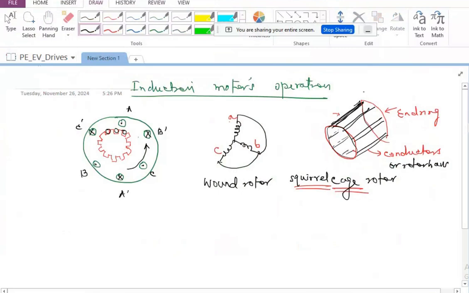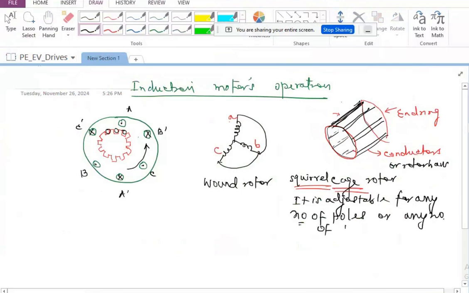So one major advantage we see with respect to the cage rotor is it is adaptable to any number of poles or any number of phases. So if I take the rotor out of a single phase induction motor and place it into a three phase machine, it will still work. As long as it can carry that much current, it will still work.